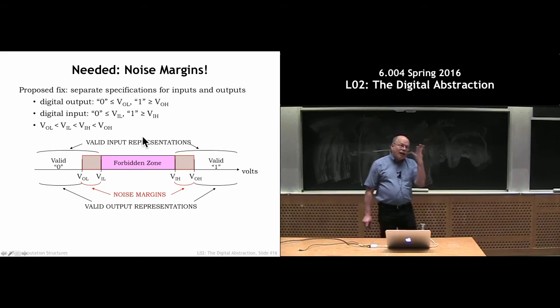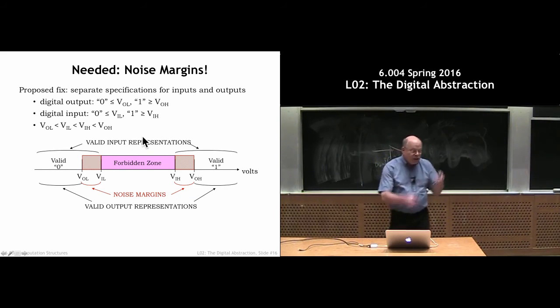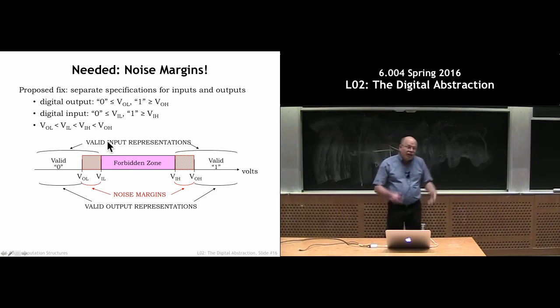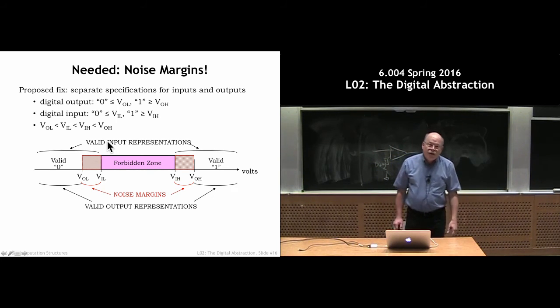When you buy a logic device, the specification sheet will tell you those four specs. If I'm outputting a zero, I'll output a voltage in this range. If you're sending me a zero, you have to send it in this range, and you can see that all the devices have noise margins.